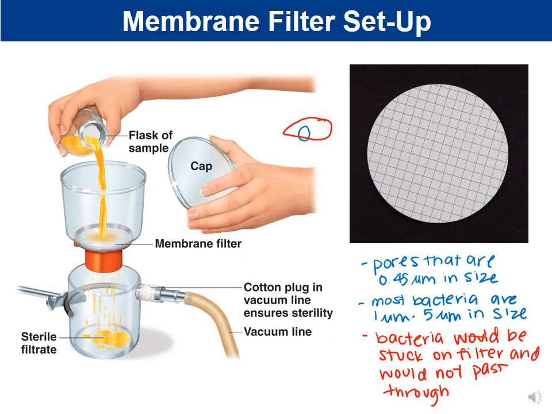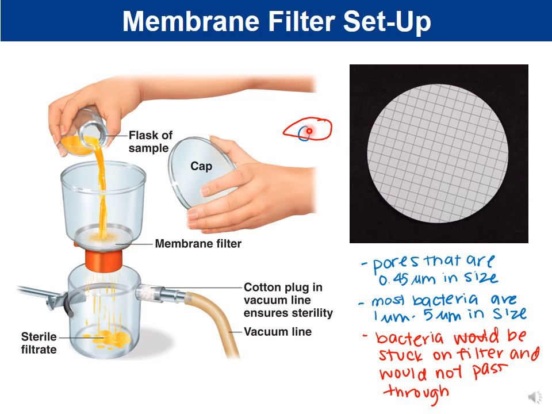You want to understand an overview of how the membrane filter setup works, and that is that we're using this nitrocellulose grid, which has pores that are 0.45 micrometers in size, and most bacteria are between 1 to 5 micrometers.